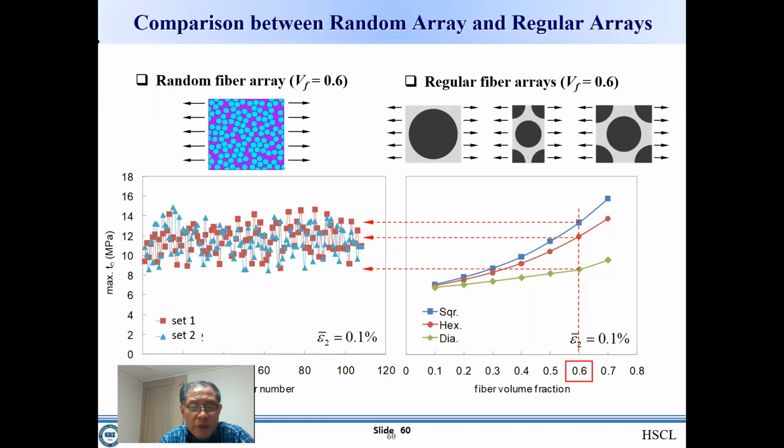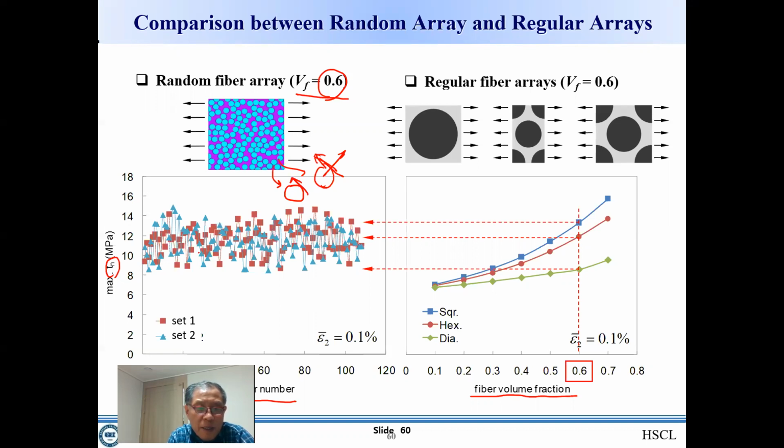Now, as a conclusion, we compare the random fiber array and the regular fiber array. This is the fiber volume fraction, and this is the fiber number. This one is the result for 60%, 0.6, and this is the maximum Tn, meaning that at each fiber we have a maximum shear stress and normal stress. We plot them all.